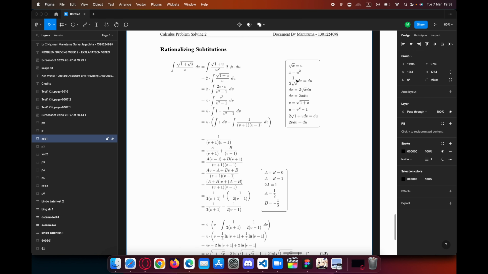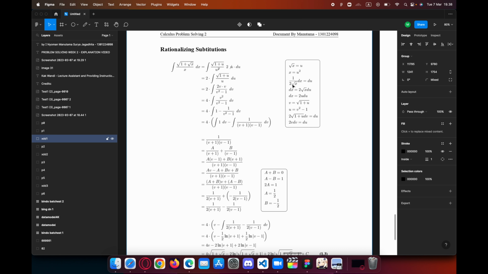And then for the dx, we take the derivative of square root of x equal to u, which becomes 1 over 2 square root of x dx equal to du.